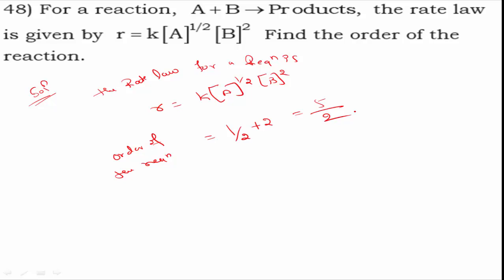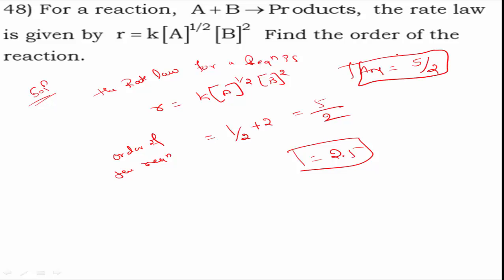Students, remember, the order of the reaction is the sum of the powers on concentration, so the sum will be 5 by 2, or this also 2.5. Therefore, answer equal to 5 by 2, or this can also be written as answer equal to 2.5.